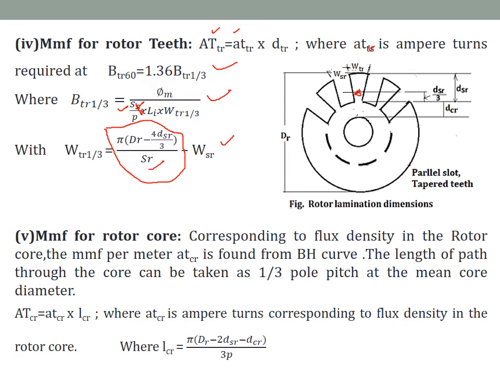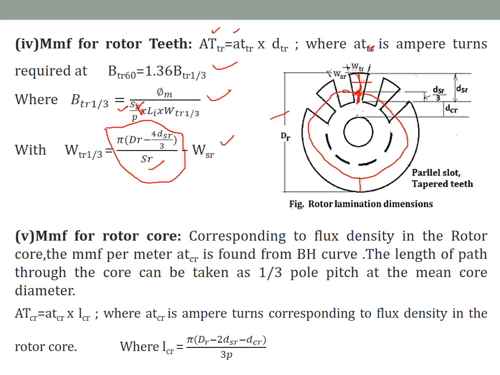Here the diameter in this position is the diameter at one third height. If this is one third height from the bottom narrow end, this must be two third height. So dr minus two third of dsr, two third of dsr here and another two third of dsr here.